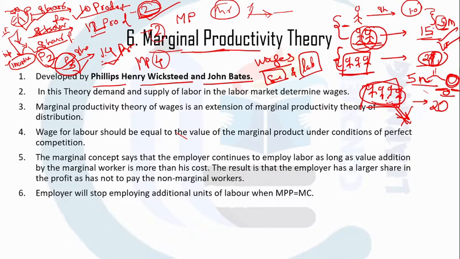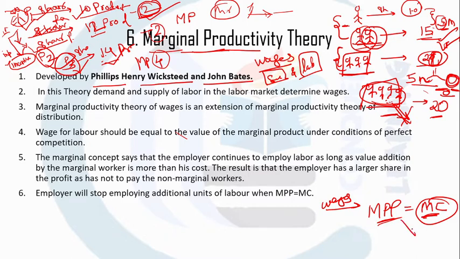It determines the wages. And every employer will keep on hiring labor, or keep on giving wages to the labor, until the point when his marginal physical product is equal to marginal cost. At this position, jab tak uska jo cost woh uske upar hai, at this point he would stop hiring.